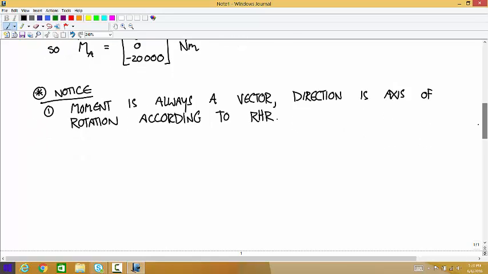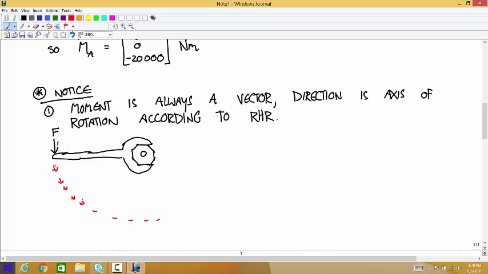Okay, so for example, if you think of a bolt and a wrench again, if you apply a force like this, that's going to make this move in a circular path going in this direction, right?